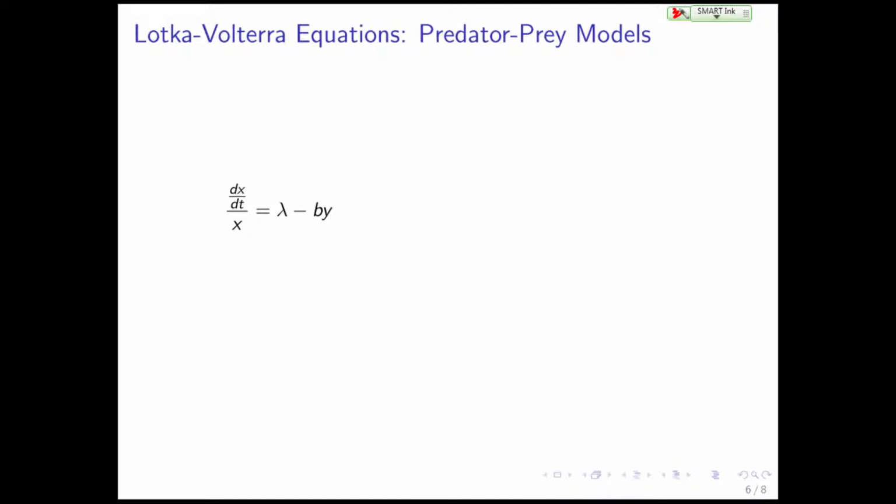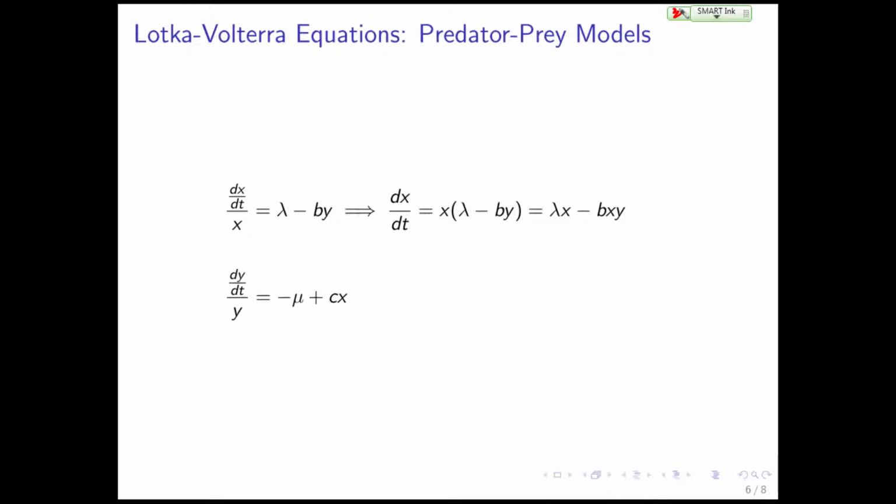So the derivative that denotes the rate of change in the population size of prey becomes dx/dt equals x times lambda minus by. If you multiply, you do a little extra step, that gives us an expression for the rate of change of the population size of prey.